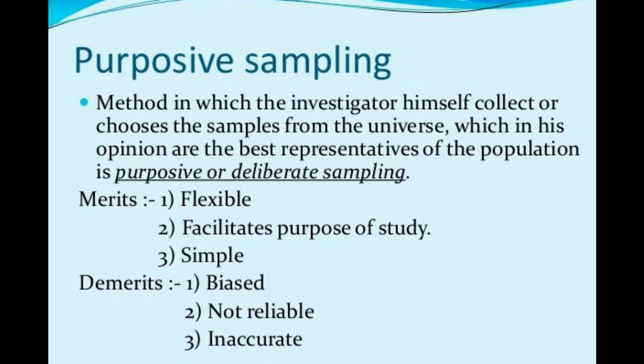Like for example, in a community, if you want to survey about the living conditions of those individuals having diabetes, you can set a criteria that only those individuals with type 2 diabetes will be part of the study. Those without diabetes and other forms of diabetes will not be included in the study. So that particular inclusion criteria will be your basis in selecting the samples.